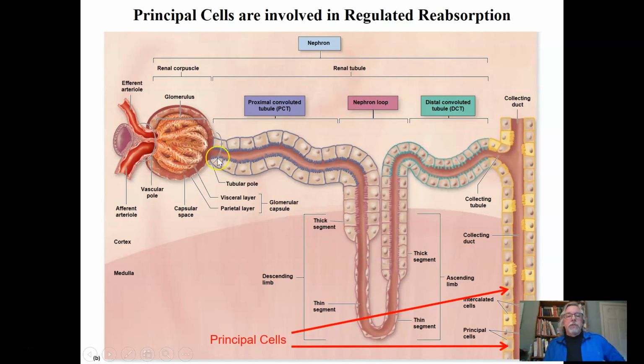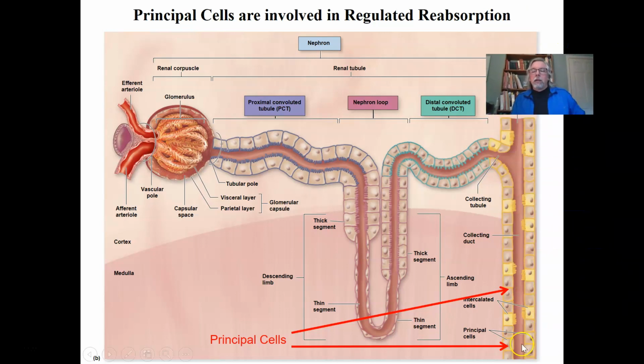All right, and this is just showing a nephron. Here's the glomerulus, proximal convoluted tubule, loop of Henle, distal convoluted tubule, collecting tubule, and collecting duct. So we're going to focus on the collecting duct, and the principal cells are scattered in among other cells in the collecting duct.